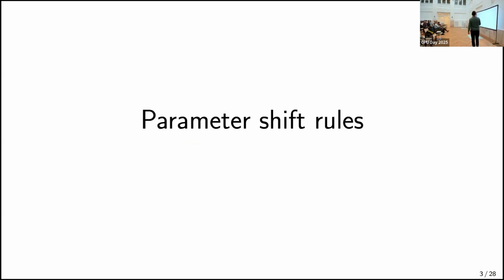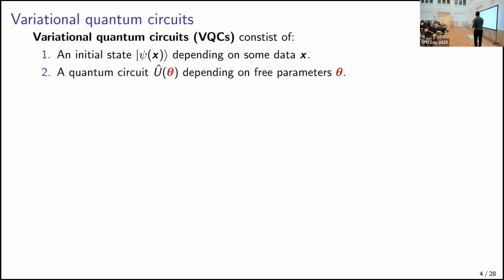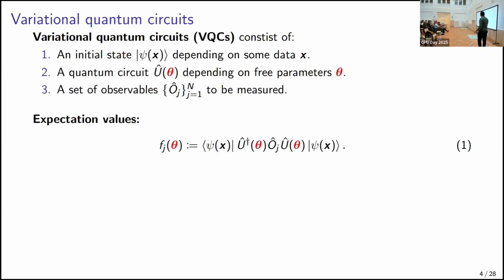Yes, parameter shift rules. What are parameter shift rules? For introducing them, first I will have to talk about variational quantum circuits. A variational quantum circuit consists of an initial state, possibly depending on some data x, but it's optional. A quantum circuit, which is parameterized by some free parameters, theta, and a set of observables to be measured.